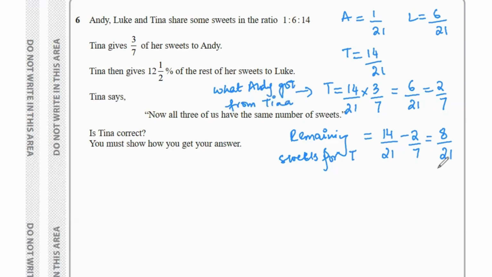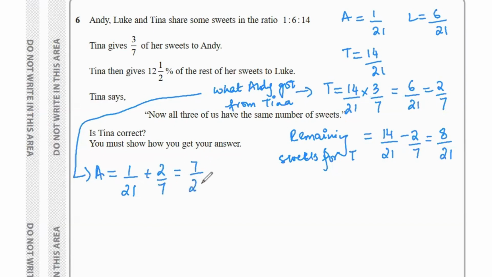So now from these remaining, 12.5% were given to Luke. Before we do that, I'm going to write what Andy has now. Andy has 1 over 21 plus 2 over 7 now, which is 7 over 21. This is what Andy has. So I'm going to highlight this over here. This is what Andy has right now.